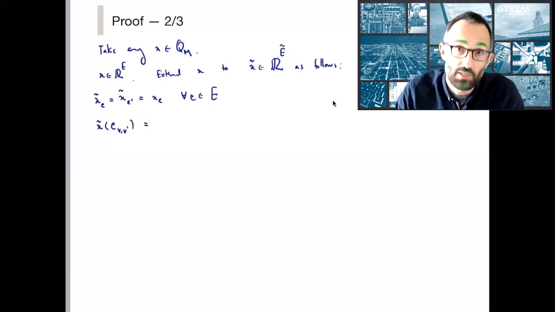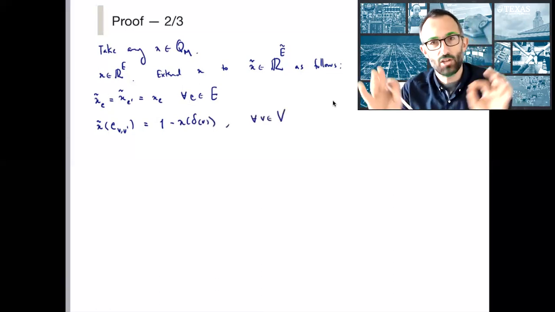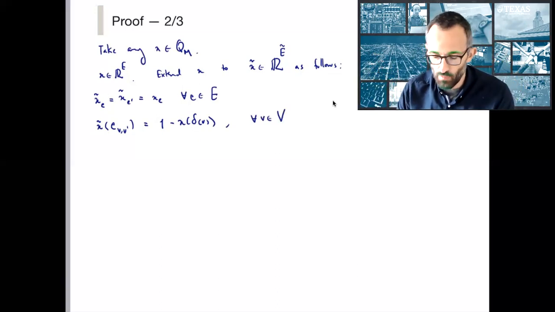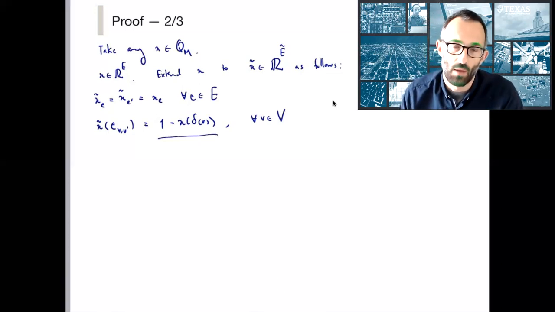I'm going to assign this the weight of 1 minus x of delta of V for any V in V. Because V and V dash are exactly the corresponding copies of each other, notice that there's no V dash in this definition, but there's no ambiguity, or no aspect of this not being well defined.